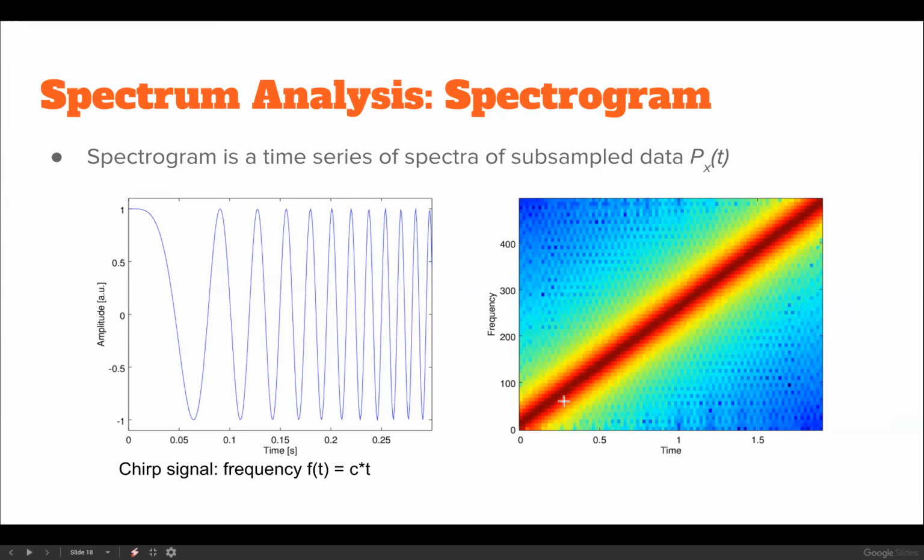White would be good at that point. What is a spectrum? Well, we take a window around 0.25 on both sides. So we would take a window which looks something like this.